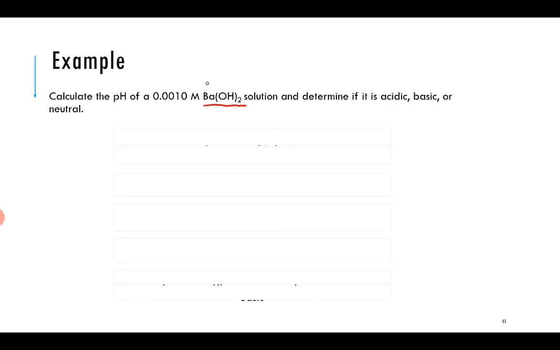Go ahead and pause the video and try to predict whether this compound, barium hydroxide, will make an acidic, basic, or neutral solution. If you picked basic, you were right. This is hydroxide. And so we think it will be basic.